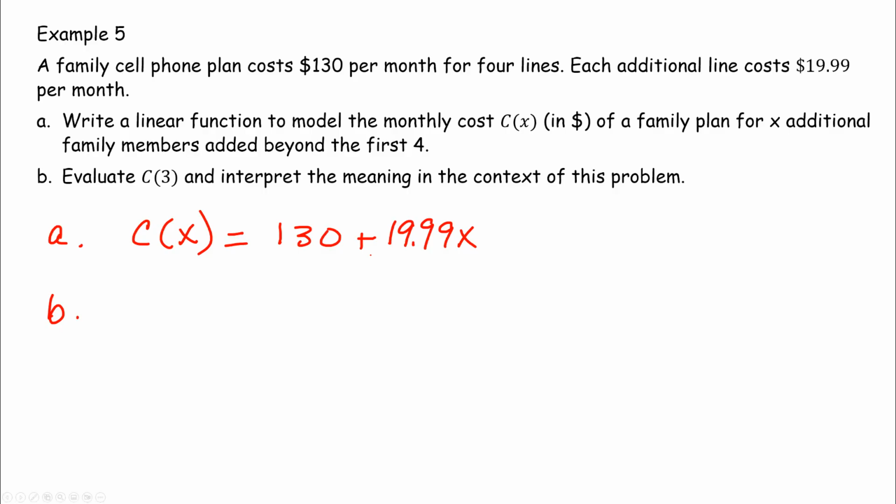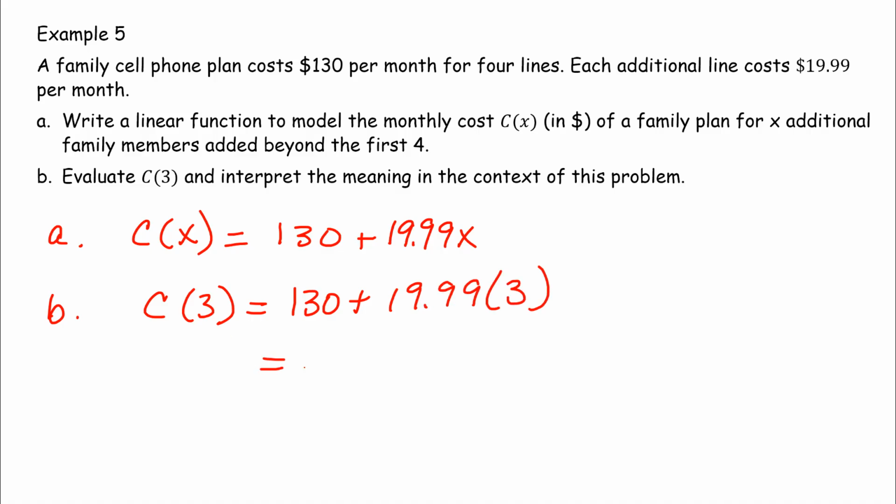4. Part B, evaluate C of 3 and interpret the meaning in the context of this problem. So C of 3 means 130 plus 19.99 times 3. And so if you punch that into your calculator, that is $189.97 per month.